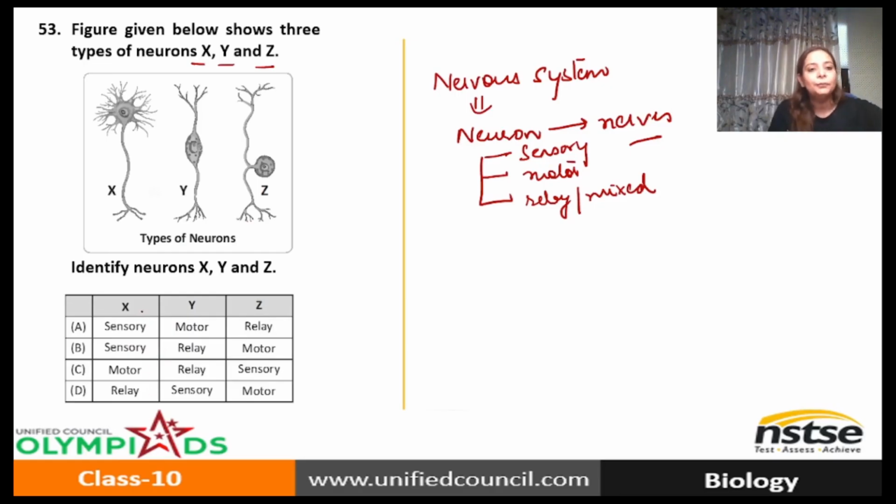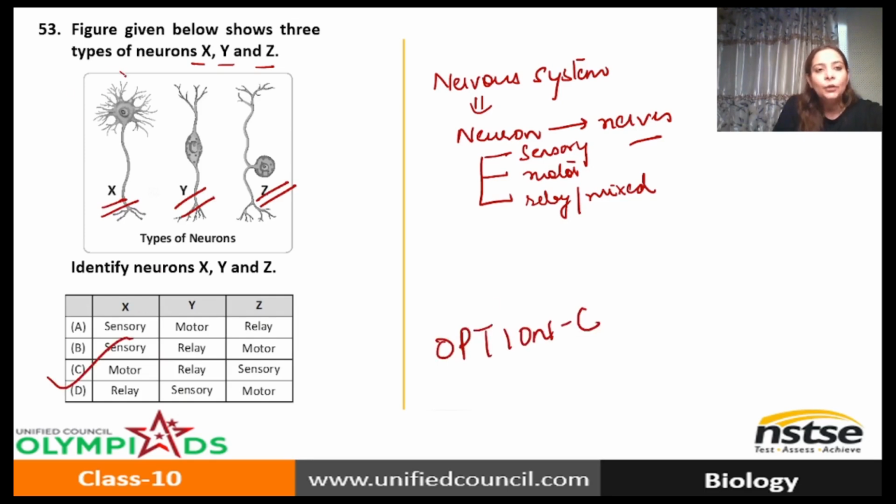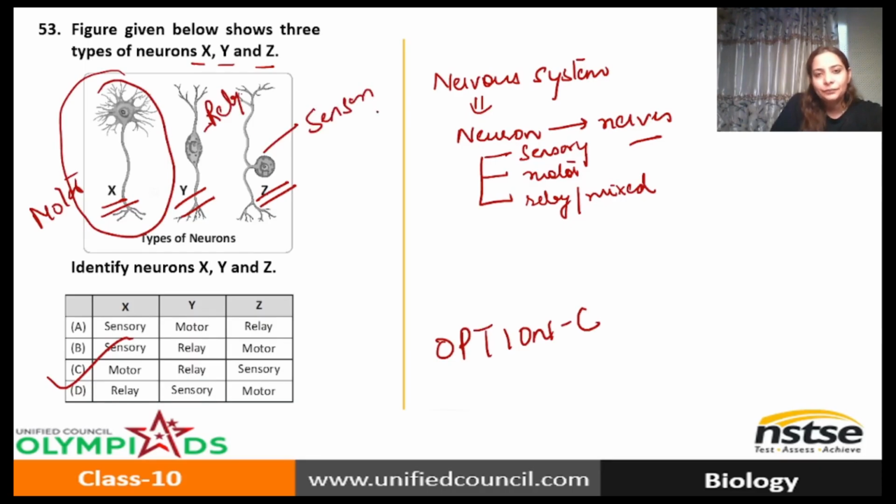X is a motor neuron, Y is relay and Z is sensory neuron. So which option is correct? Option C is correct. So please look at them carefully. This one is motor, this one is relay because it is connecting sensory and motor, and this one is sensory.